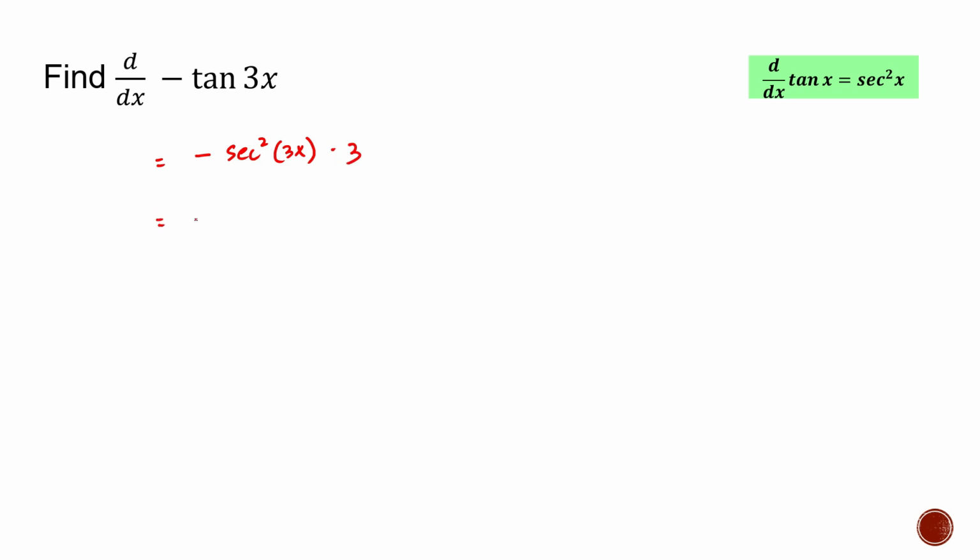So the final answer is negative 3 secant squared 3x. Yep. Alright, so let's go to the fourth example now.